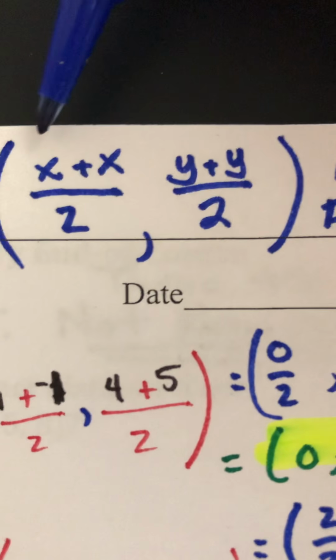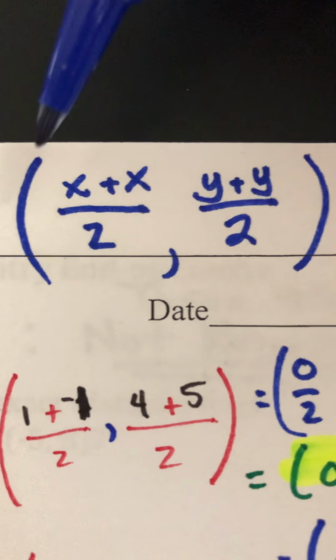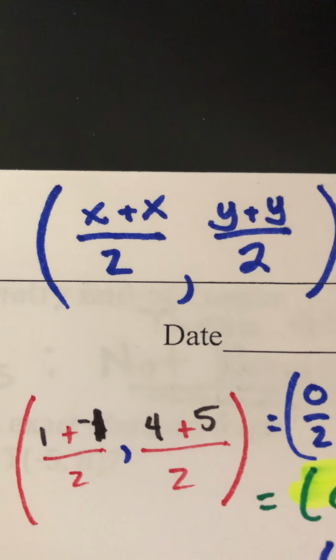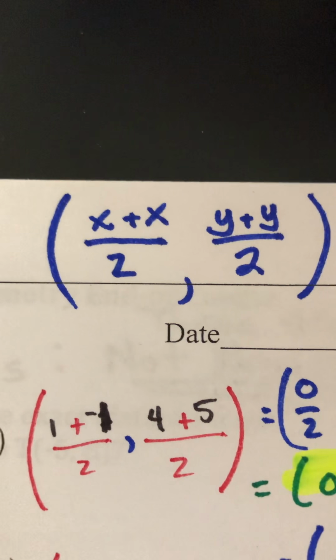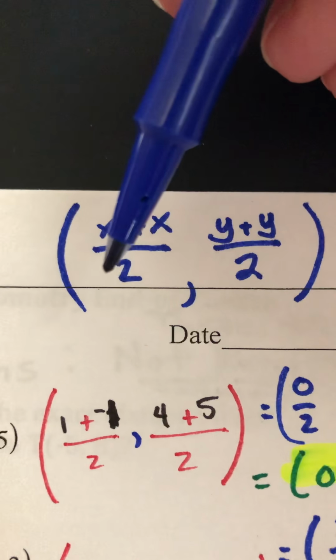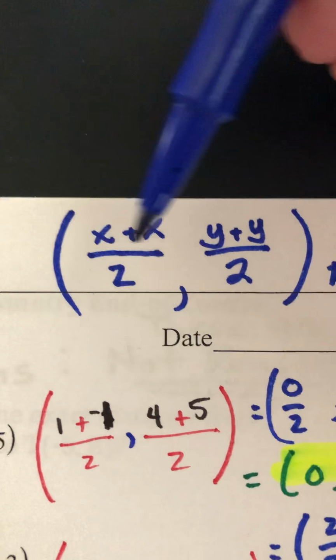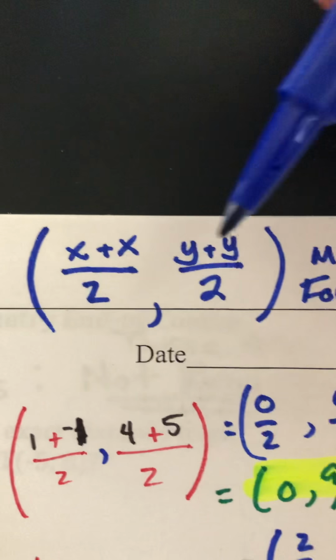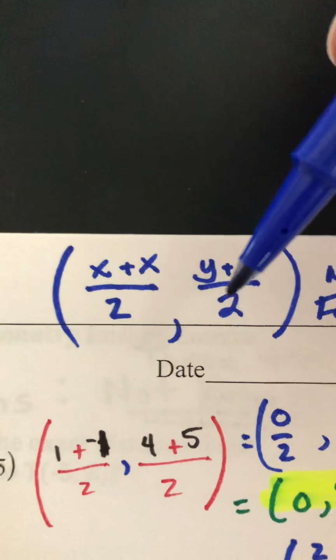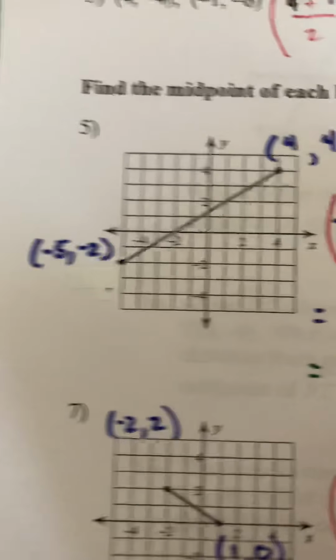You take your x coordinates, remember there were 2 points, you add your 2 x's together and divide that by 2. There's 2 points, so we divide by 2. It's an average of your 2 x's. Then you add your 2 y's together, and you divide by 2. So back to this example.